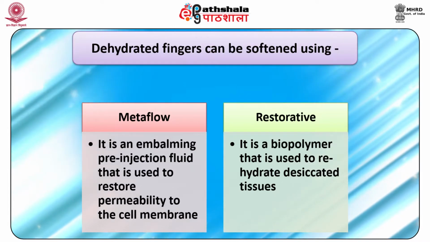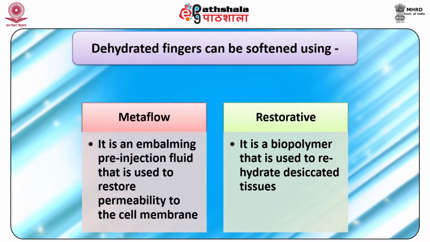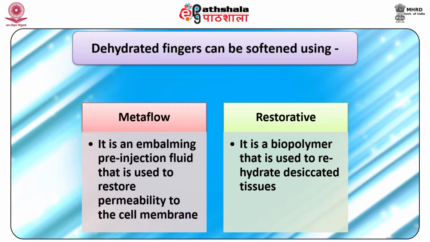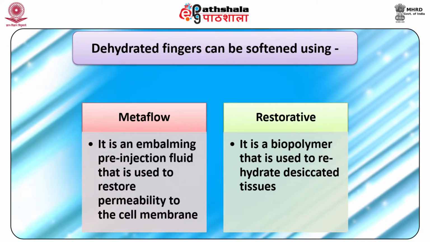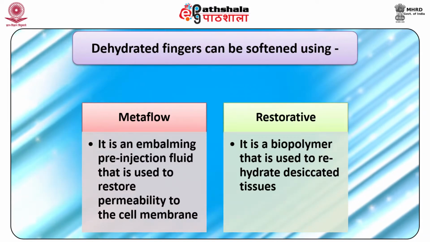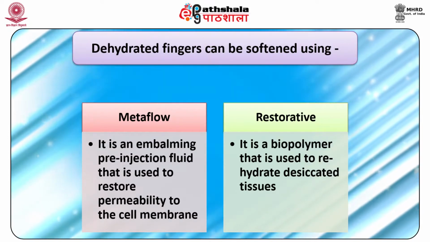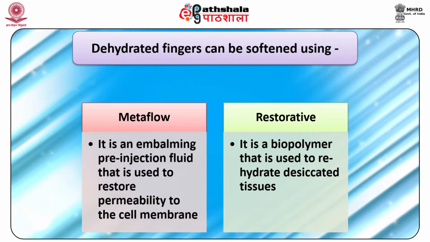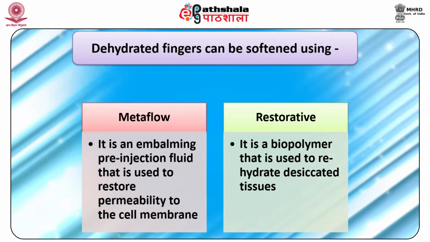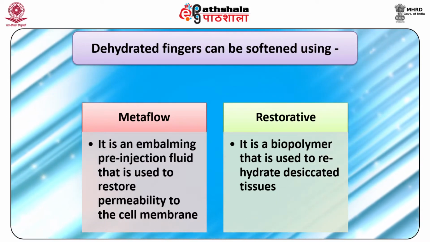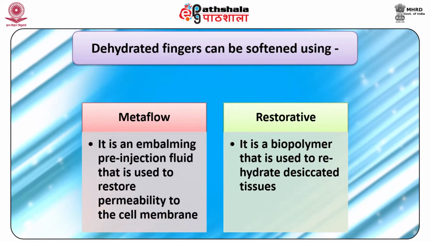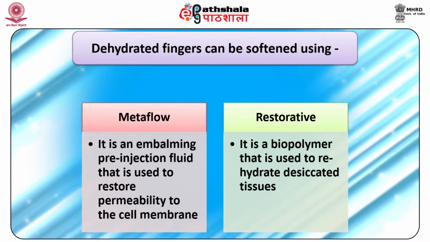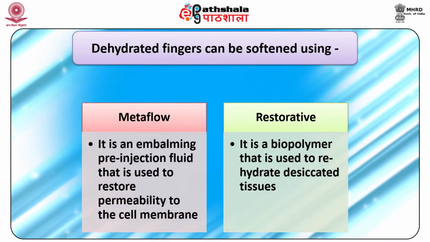Dehydrated fingers may be softened by injecting two commercially available formulations, Metaflow and Restorative. The former is an embalming pre-injection fluid that is used to restore permeability to the cell membrane, while the latter is a biopolymer that is used to rehydrate desiccated tissues.